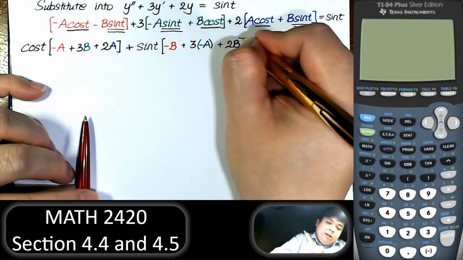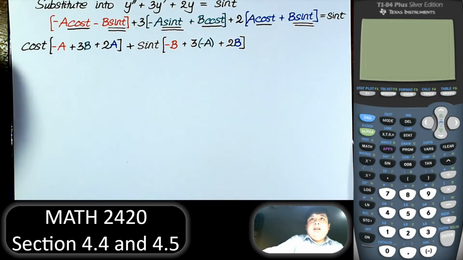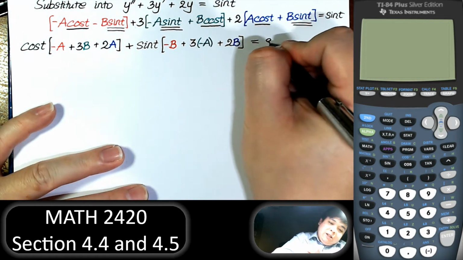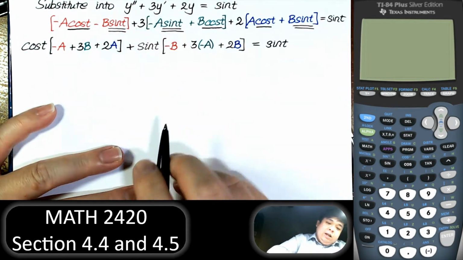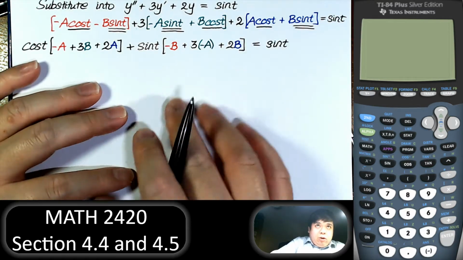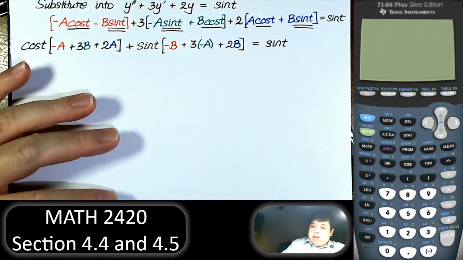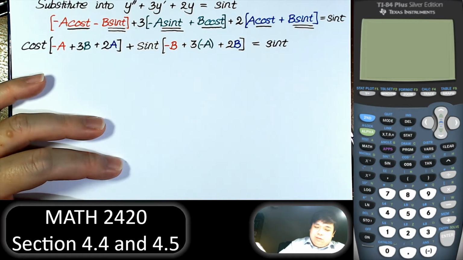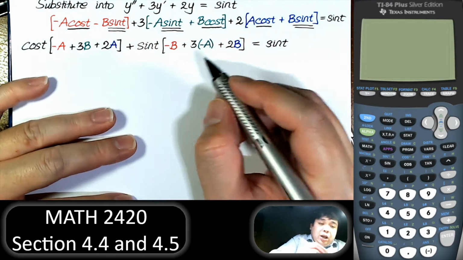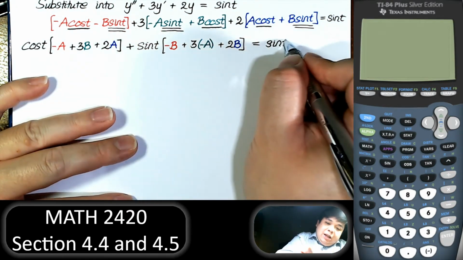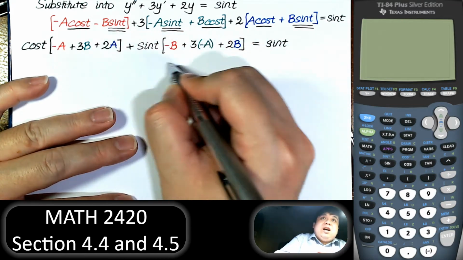Right? And that's equal to sine t. Now, matching the coefficient on both sides. The sine t here has to be equal to this sine t here.